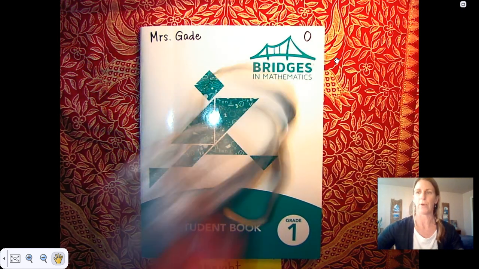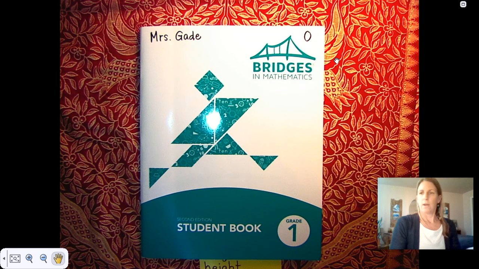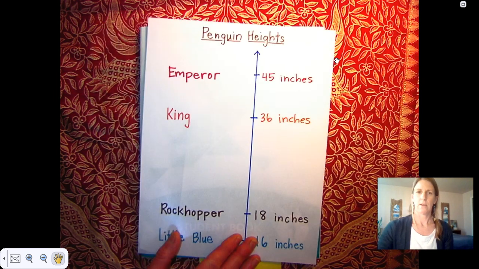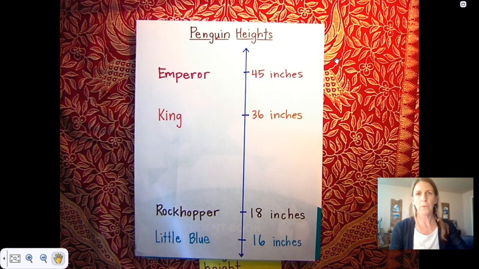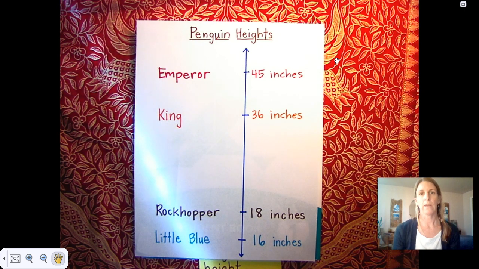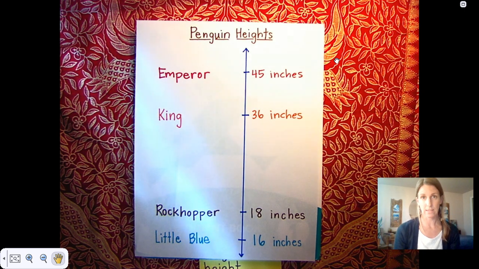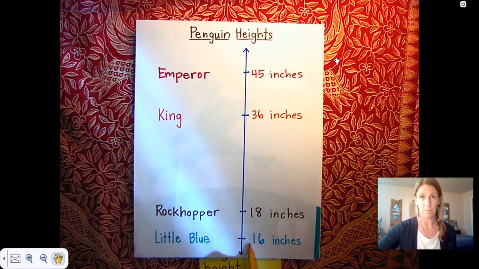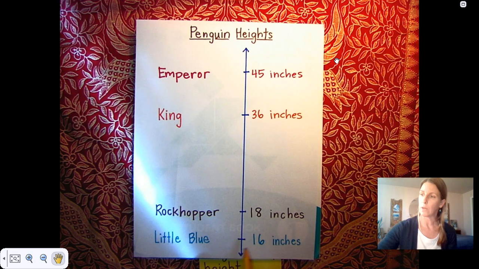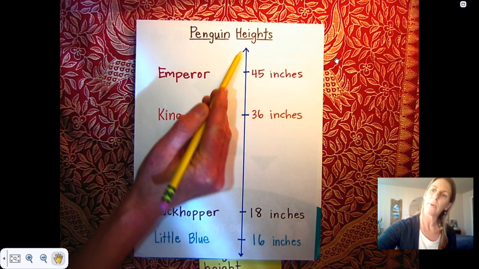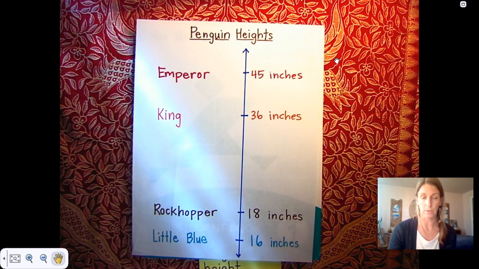So check this paper out. I wrote out each of the four penguins' names, and then I put the height next to those penguins' names. I started down here at the bottom with the littlest penguin, and I worked my way up to the tallest penguin.